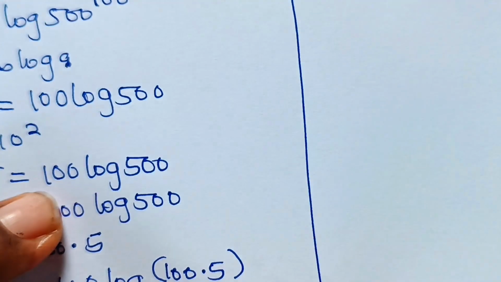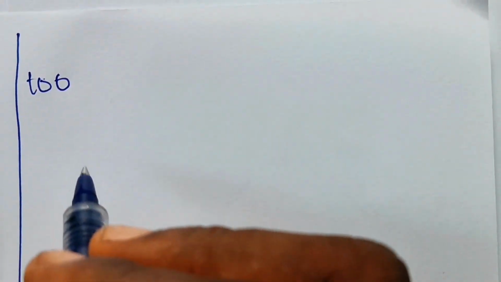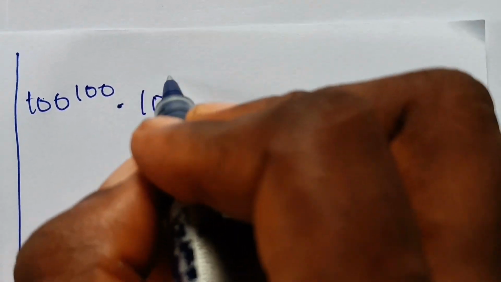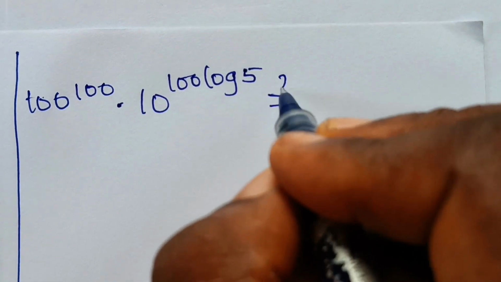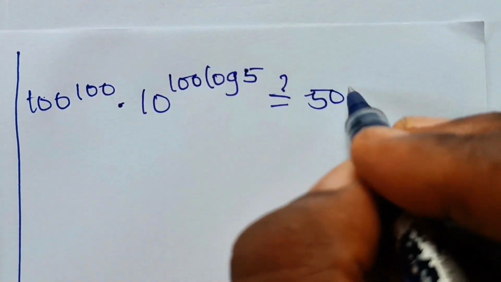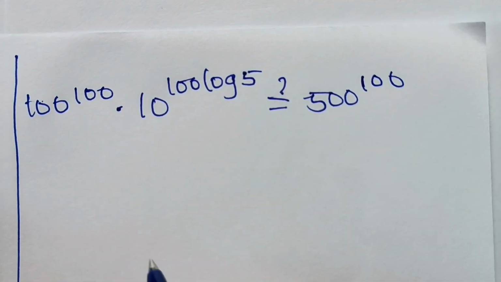So we continue. Now this is where we are: 100 raised to the power of 100, multiplied by 10 to the power of 100 log 5. Then we are checking if this is equal to 500 to the power of 100.